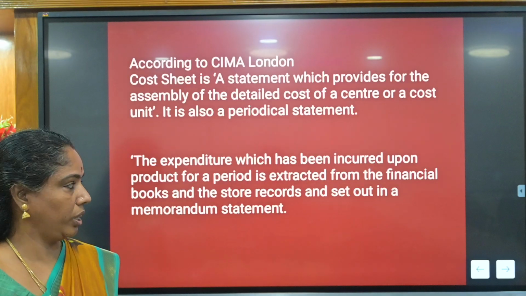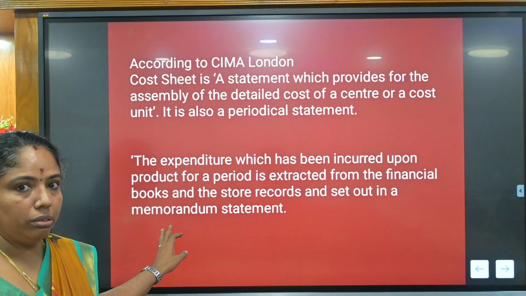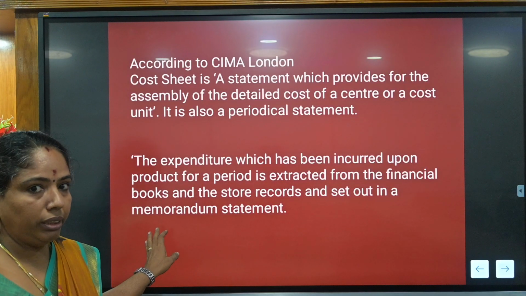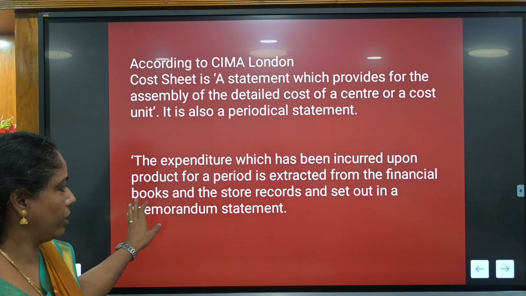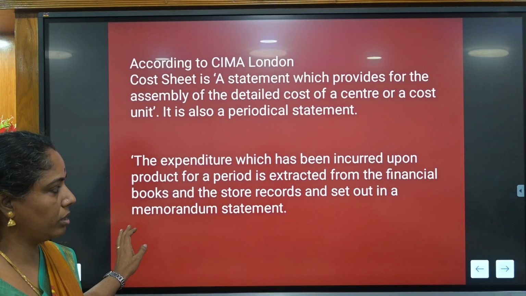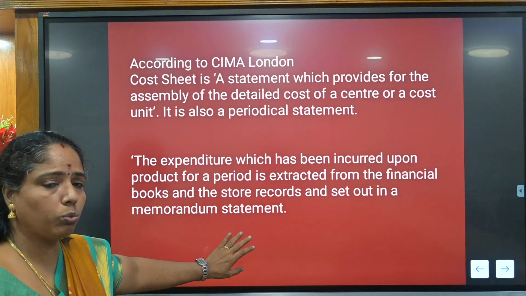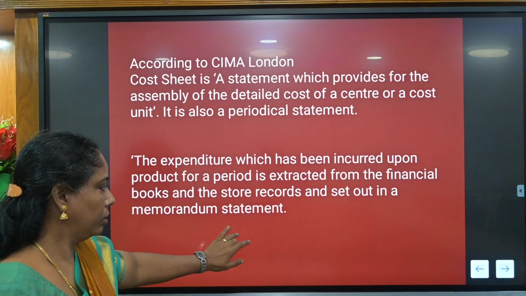The expenditure incurred upon a product for a period is extracted from the financial books and the store's records and set out in a memorandum statement. This is what cost sheet is about.